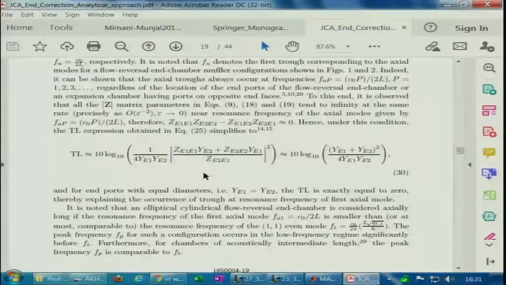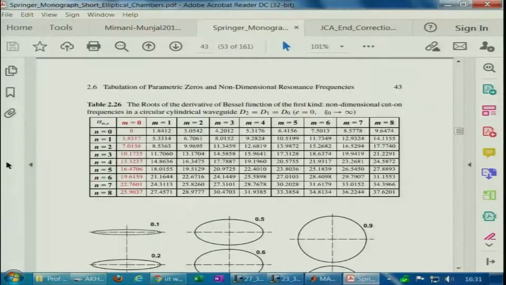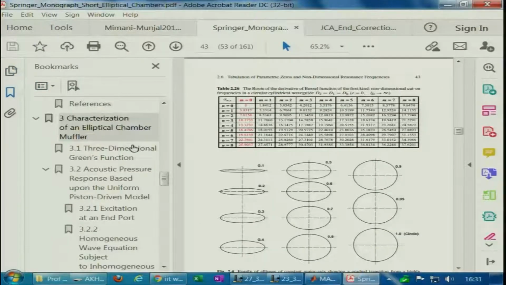So, what we are going to do now is that I can just show you some, probably run some codes in MATLAB and talk to you about how the transmission loss is evaluated and all the integrals over these ports are done. So, actually before I do that, let me also just show you how it looks.